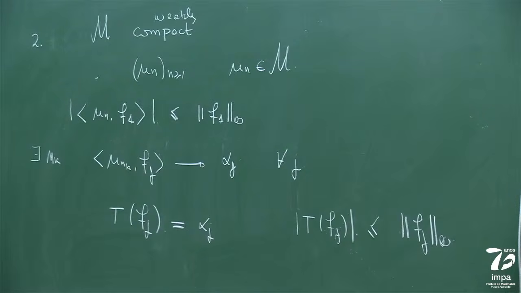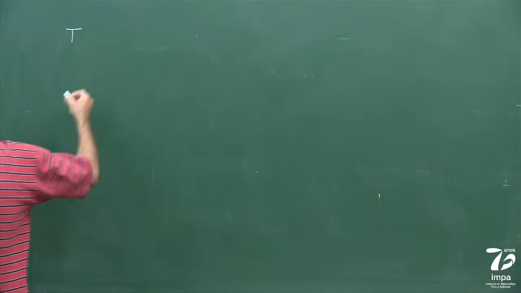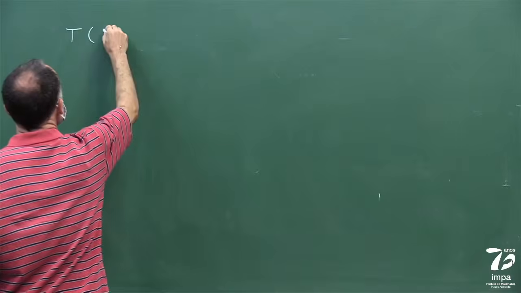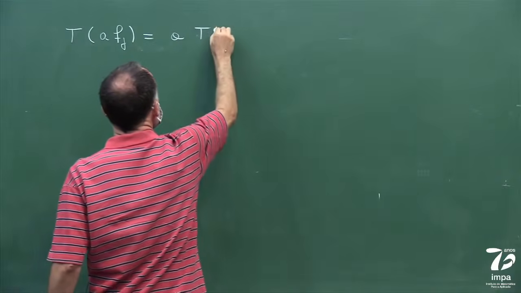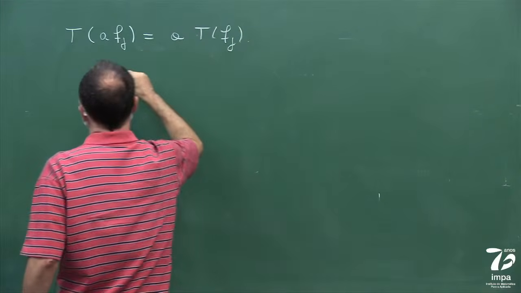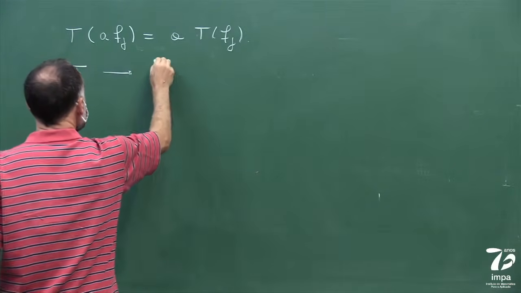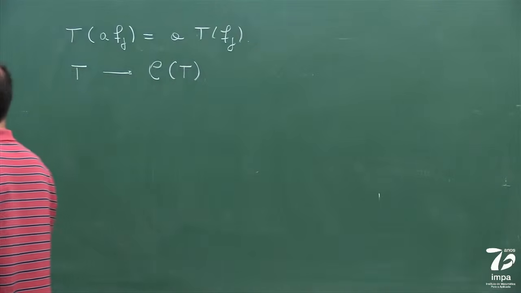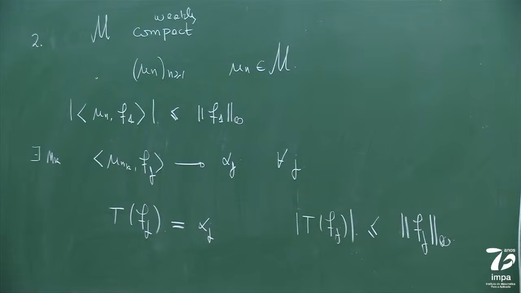So T is defined on all these f_j. It's linear. So if I take, let me extend it by saying that T of a f_j is equal to a T f_j. And let me extend T to the space of continuous functions by taking, so if you have a continuous function, you know that there is a sequence f_k which converges to this function.